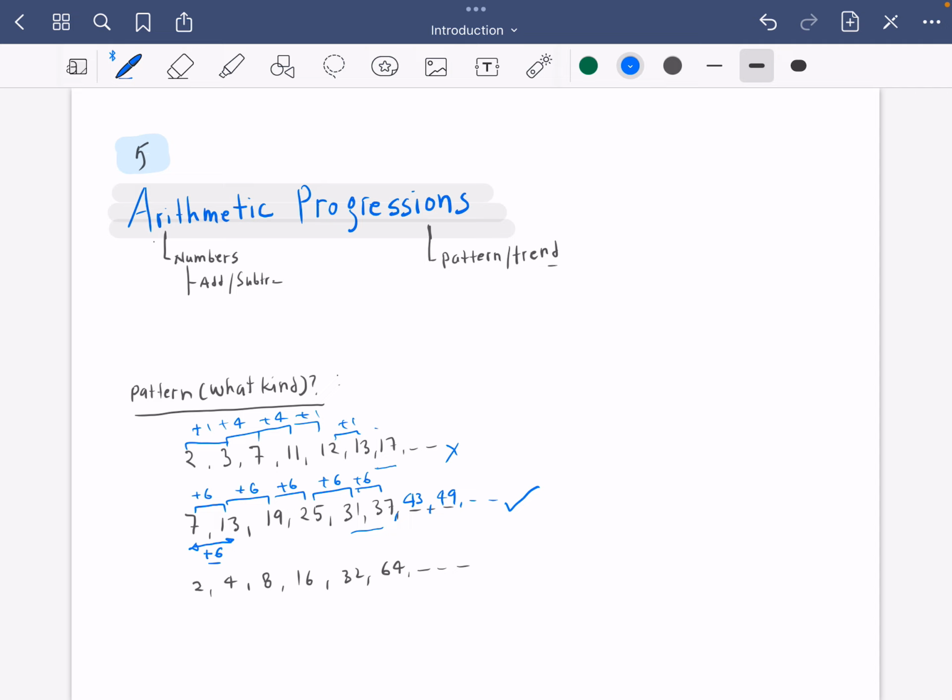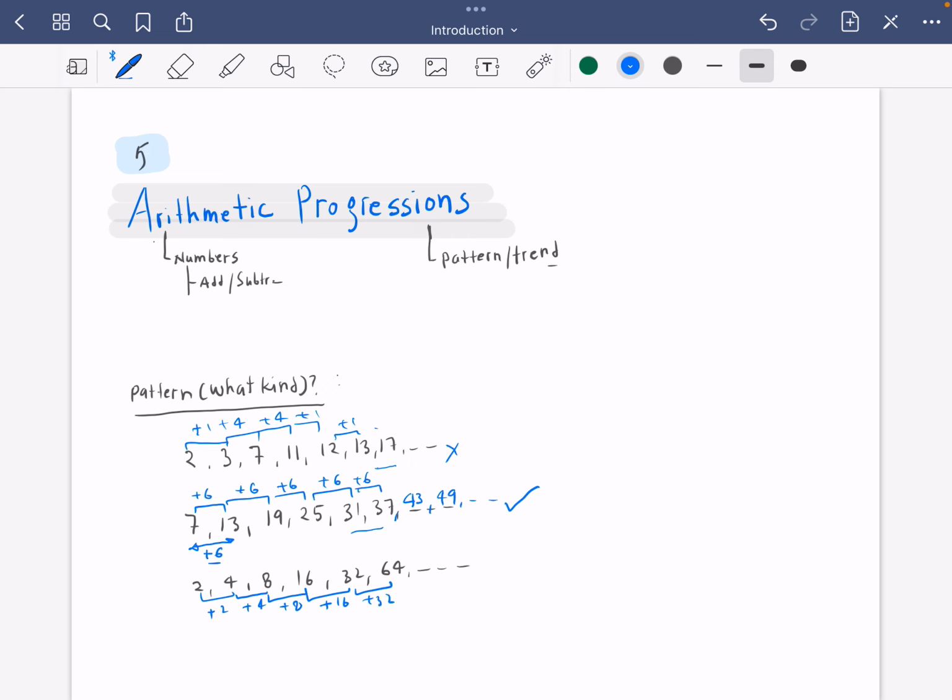But let's see one more example just to make it clear what arithmetic progression means. 2 to 4, yes, I add 2. 4 to 8, I add 4 to it. 8 to 16, I add 8 to it. 16 to 32, I add 16 to it, and so on.